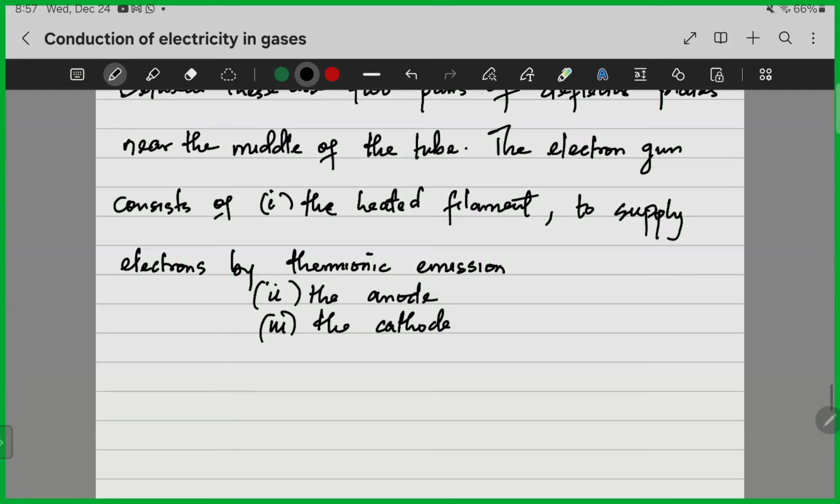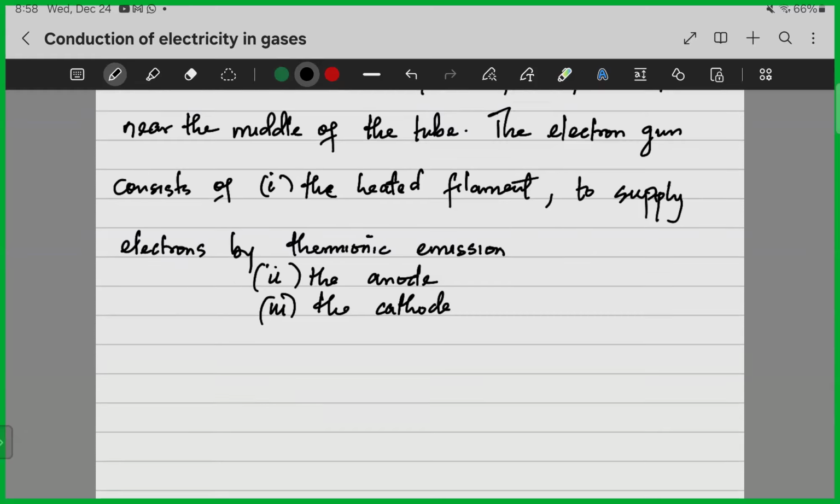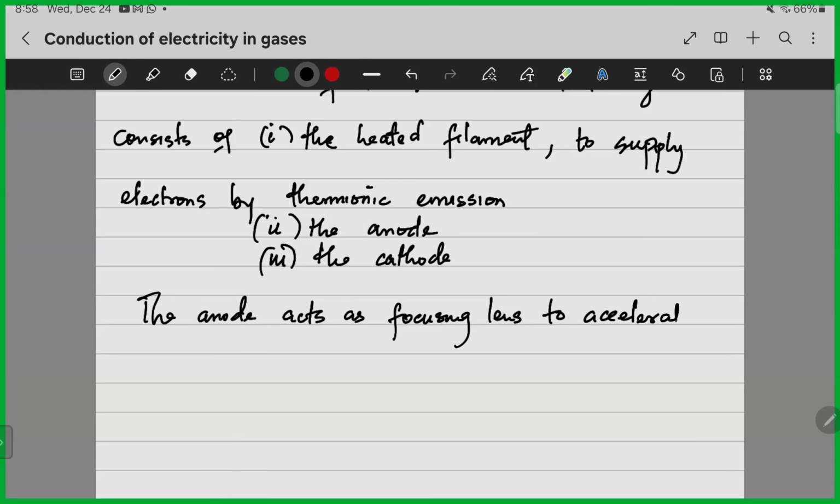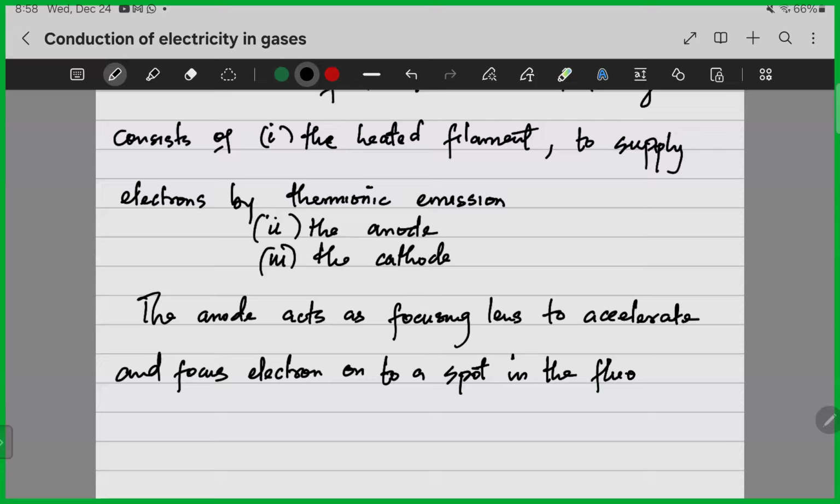I would love to state that the anode acts as a focusing lens to accelerate and focus electrons onto a spot in the fluorescent screen.